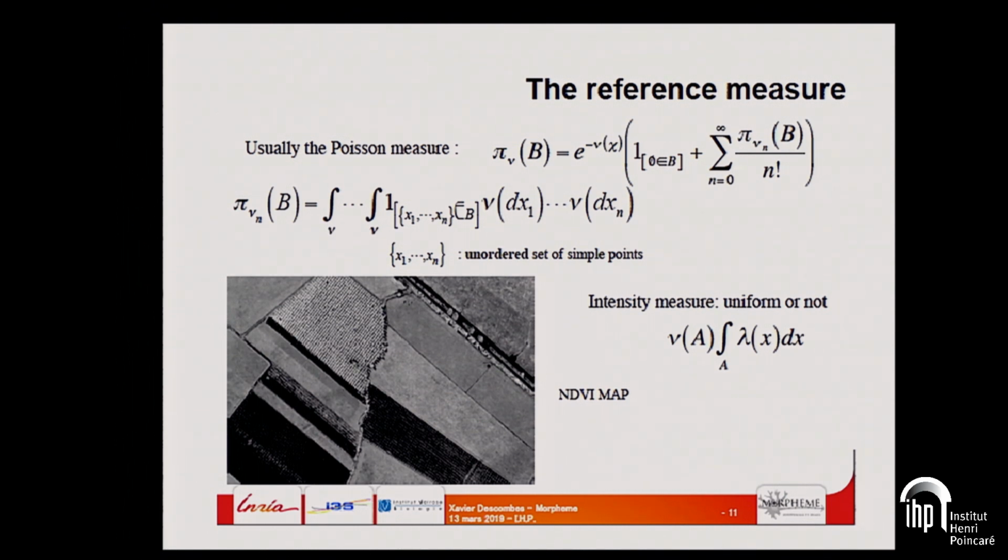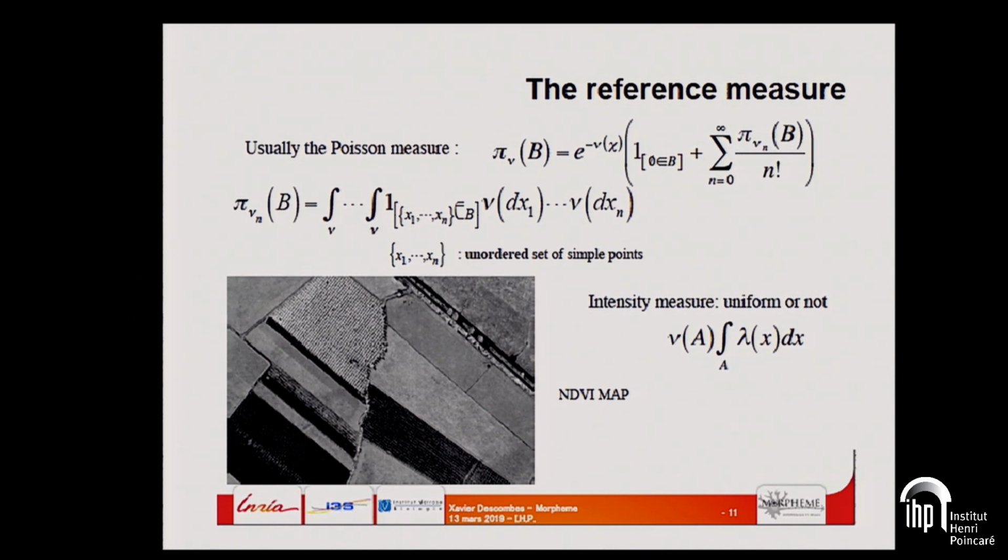Okay, you could say, why don't you put this in your prior, to favor some trees where you have chlorophyll? But the problem if you do this in your prior is that you will have some false alarms in the prairie where you have some grass. So here I will sample in the space more likely where I can find some tree, but I will not constrain it to put a tree where there is chlorophyll. So here it is in fact a good opportunity to solve the trade-off of the Bayesian approach when you put some prior, because the problem is always what force I give to my prior with respect to my data.